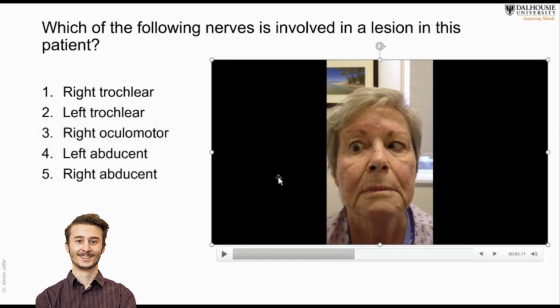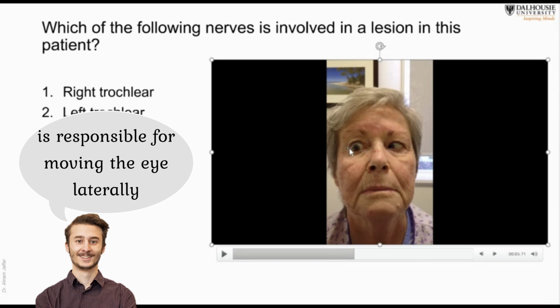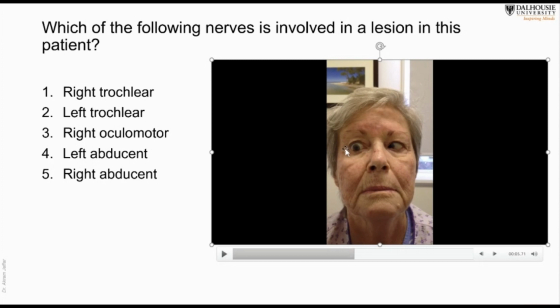But why did you say the right abducent nerve? Exactly. So this muscle here, the lateral rectus on the right, was not working. On this side, it was working, but on this side, it's not working. So it is the right abducent nerve.